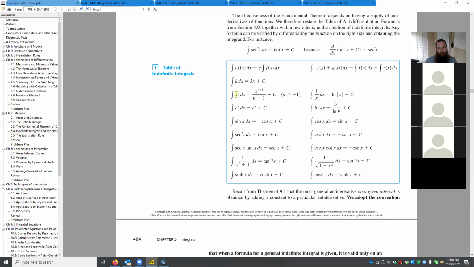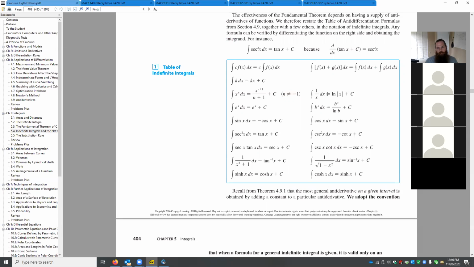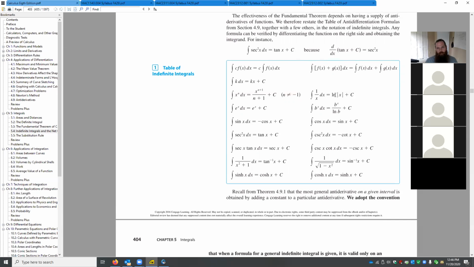This works great for any power function, x raised to a constant, as long as that constant isn't -1, because the antiderivative for x to the -1 doesn't follow this rule. It follows this rule, right? X to the -1 is 1 over x. So who differentiates to 1 over x? Oh, that's natural log x. And we saw why we use the absolute values back in section 4.9.